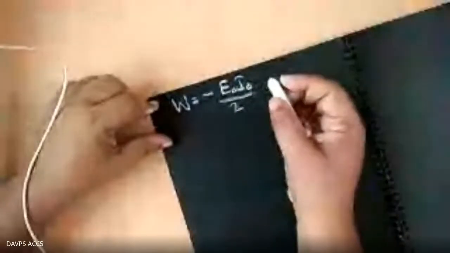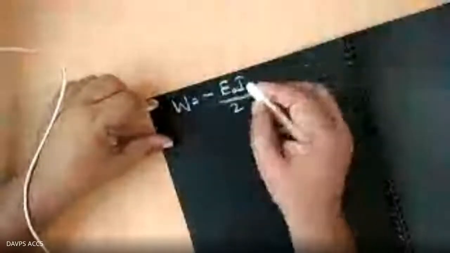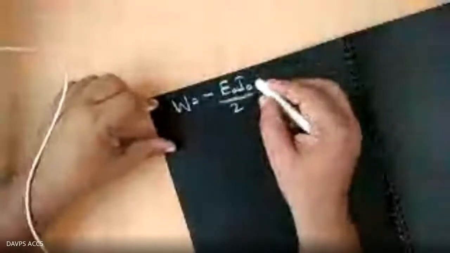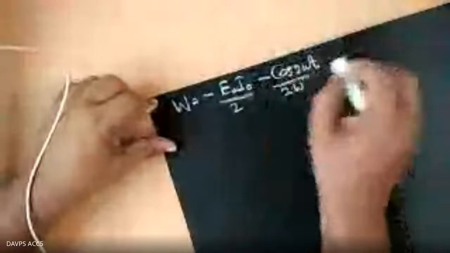On the right side you are finding sine 2 omega t dt. The integration of sine 2 omega t dt will be equal to minus cos 2 omega t upon 2 omega, and limiting from 0 to T.